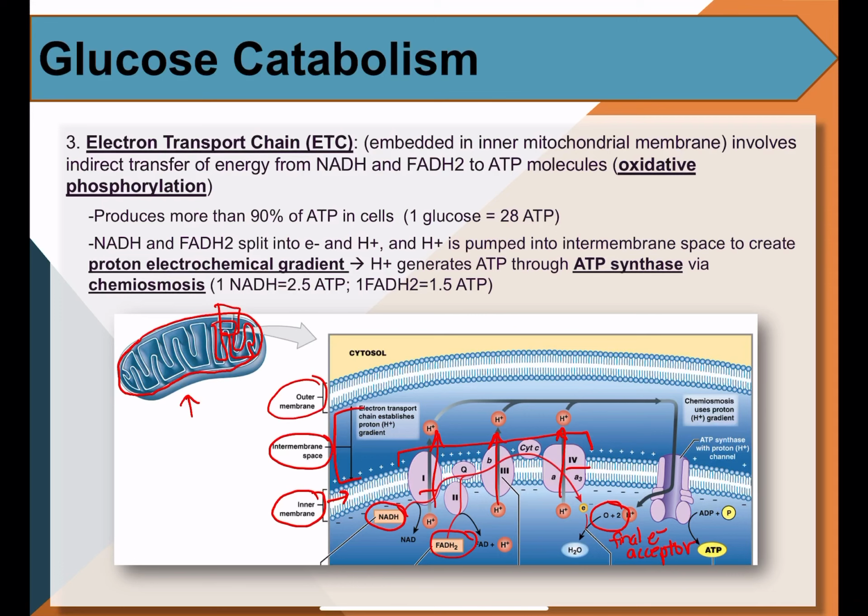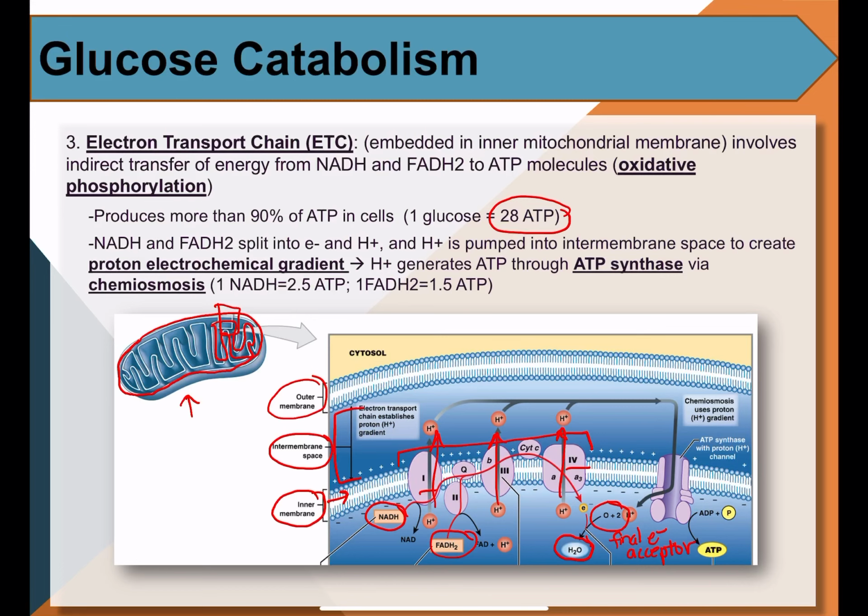Where then hydrogen will be combined with oxygen and it will be reduced to make water. And that's why water is a byproduct of cellular respiration. This process produces almost 90% of all ATP made in cells, where one glucose molecule can make up to 28 molecules of ATP just through the electron transport chain alone, whereas glycolysis and the Krebs cycle only make about 4 ATP molecules through substrate level phosphorylation.